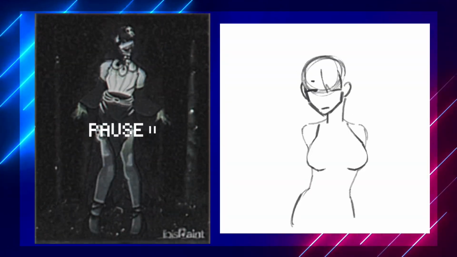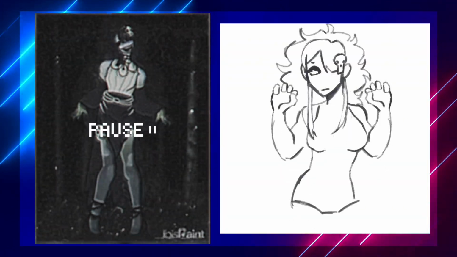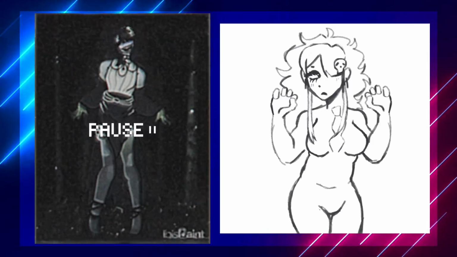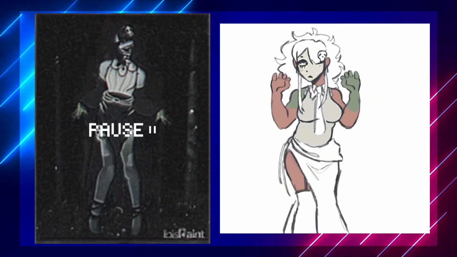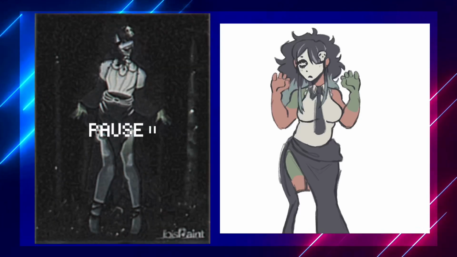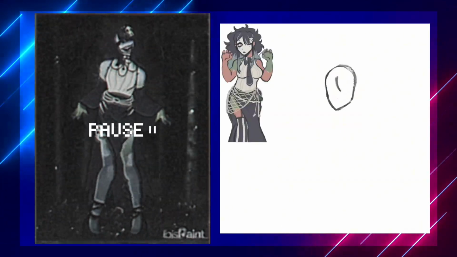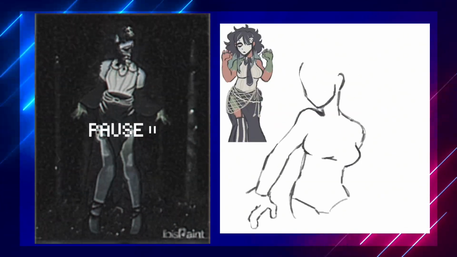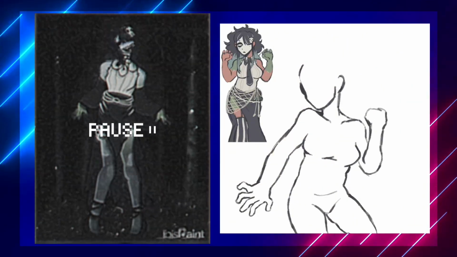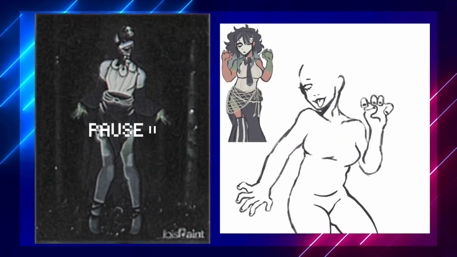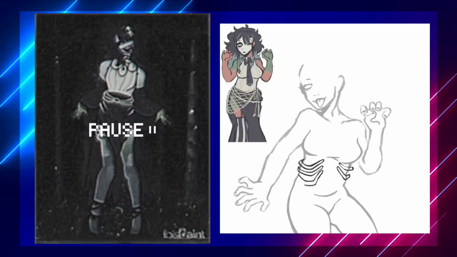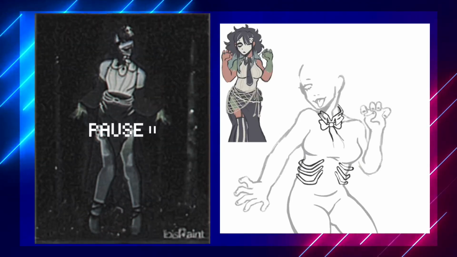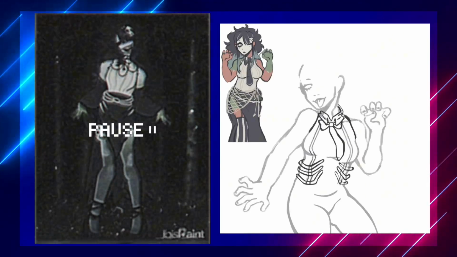So for my design, before I went in and I did the final piece, I wanted to make a little concept to look at while I was drawing. So you'll see me put this up in the corner in a second, but this is just something I wanted to base it off. So for her clothing, I wanted to give her like a subversive gothic fashion style because the AI screwed up the face, made the face white and the rest of the body was a completely different color. And I was like, oh, I'm gonna use that to my favor.